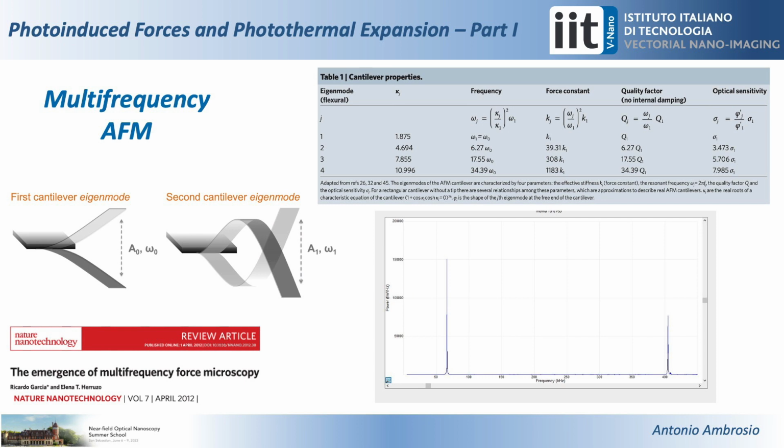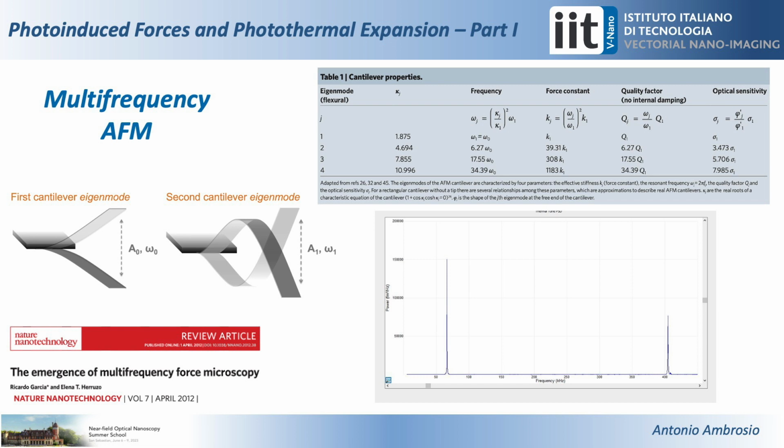Now, you may ask, how can I find these eigenmodes? Because when I buy a cantilever, I look at the back, and I see one frequency, right? That's omega 0, the nominal tapping frequency. Well, you can do it with the thermal tune. That means you don't excite anything.